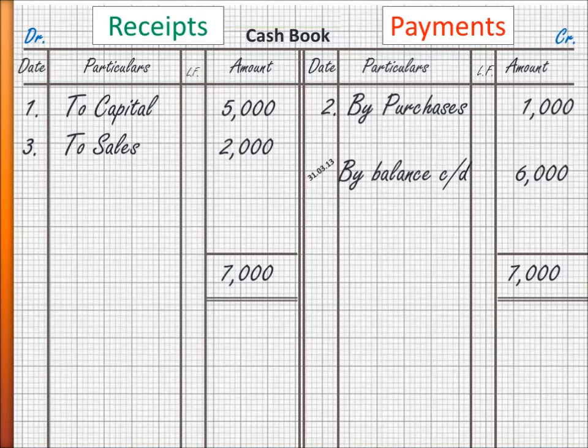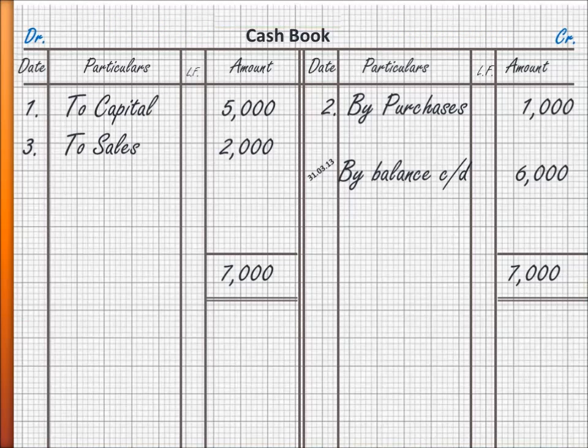Now what we have to do? We have to do the ledger posting on the basis of subsidiary books. We have got only one subsidiary book, and that is cash book. So capital account, sales account and purchases account.